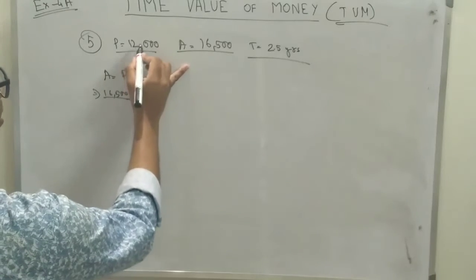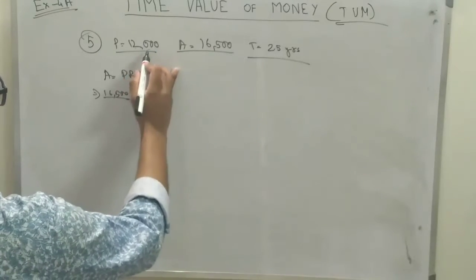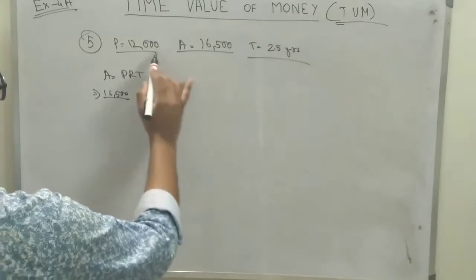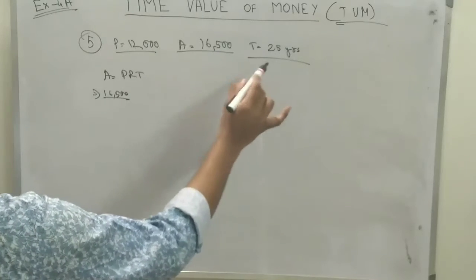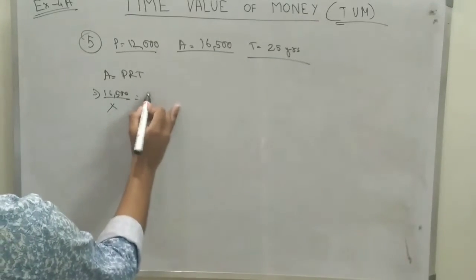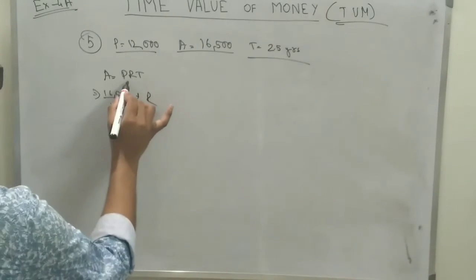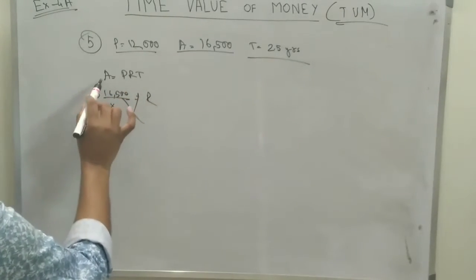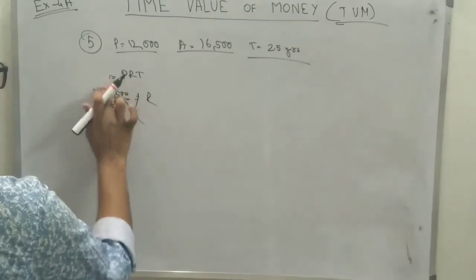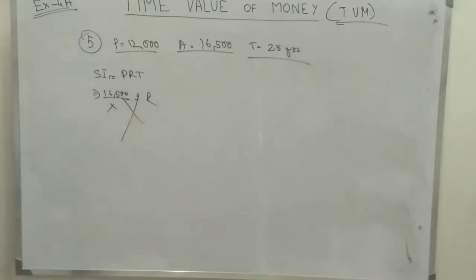That means P into R into T. R is not given. That means 12,000 into 2.5 into R. Whatever the value will be, you will get the rate of interest, but that will be totally wrong, because the formula of simple interest is not A is equal to PRT. It is simple interest is equal to PRT.